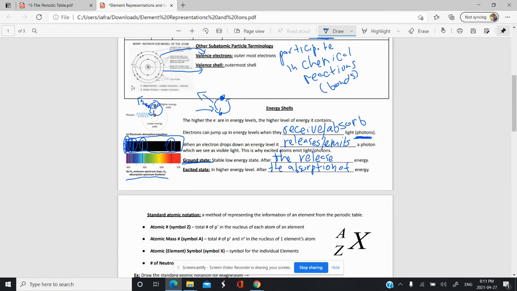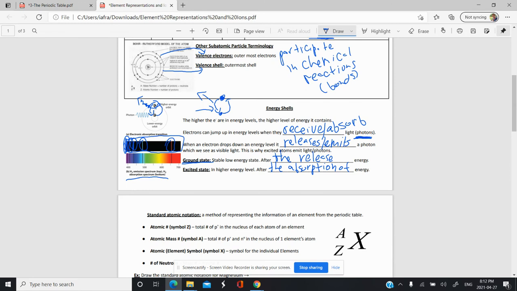And so the cool thing is different elements have different patterns of light that are released when they go back from their excited state to their ground state. And you can tell what elements you have in a mixture, in a star or something, by studying this little spectrum over here.